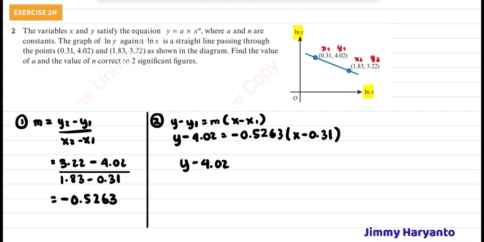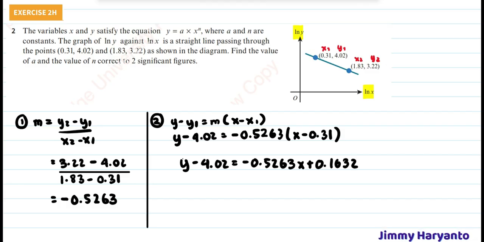Y minus 4.02 equals negative 0.5263x, and then plus 0.1632. Okay, and then I will move the negative 4.02 to the right hand side.